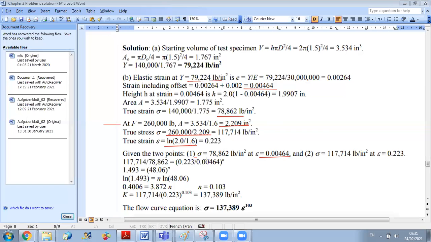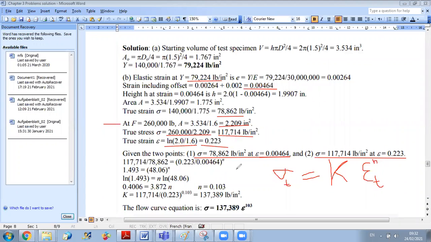For the first point, they considered the values at yield, and for the second point, the values for F equal to 260,000. So now you have a system. All you have to do is say that the flow curve should satisfy the equation sigma, of course true values, equals K, the strength coefficient, times epsilon true to the power n, the strain hardening exponent.